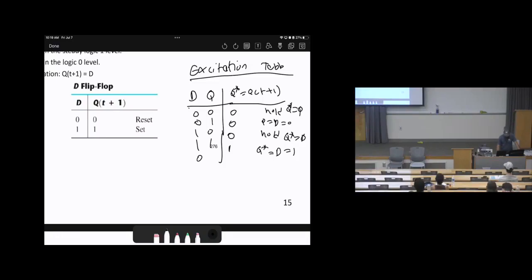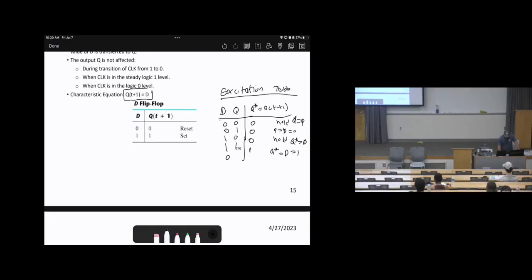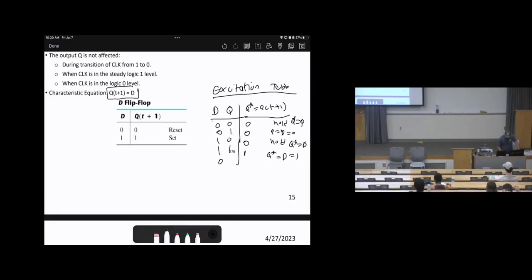Q equal to Q star, because the function Q of t equals D. I didn't mention anything about the pulses, so let me redo it again. I'm sorry, I apologize. Because there is an enable, I was talking about the enable. Let me do it again without looking at the enable.